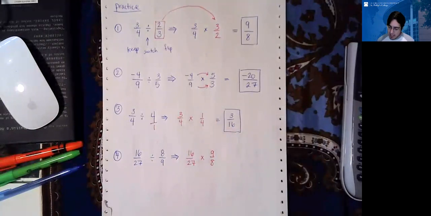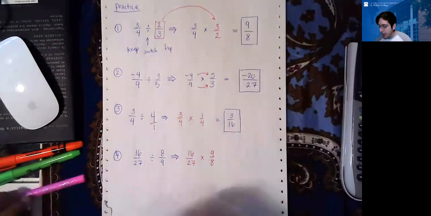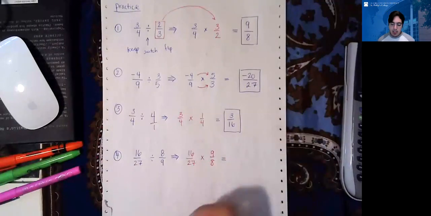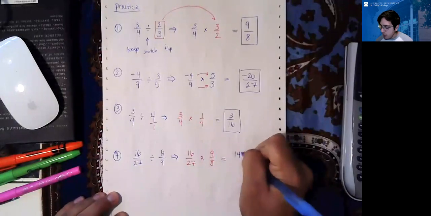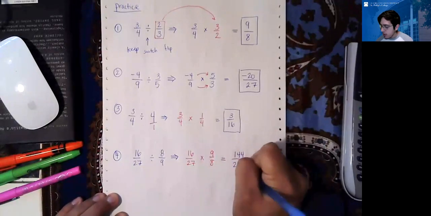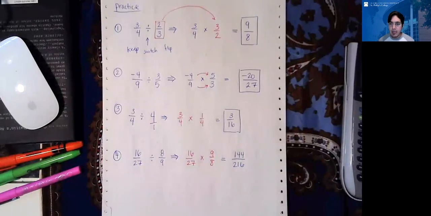Okay, then we have to multiply that out, right? That's one way we could do this. And if we multiply this out, 16 times 9 should be 144/216. That's the 27 times 8. But that fraction can be reduced. And unfortunately, it's a really big fraction. So can anybody give me an idea of what is a pretty big number that divides both into 144 and into 216?